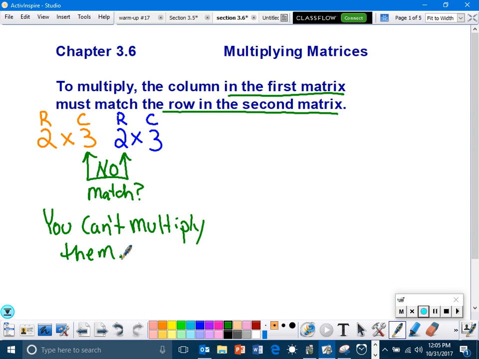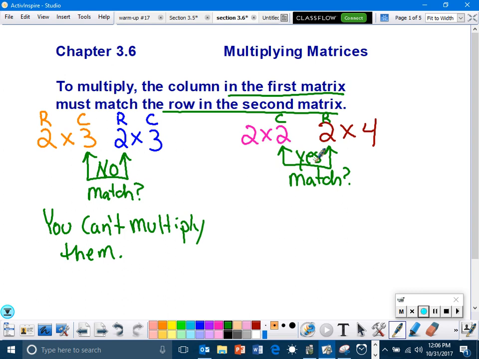Now, if I have another one, let me put 2 more up there. All right, so let's say that I have a 2 by 2, and I have a 2 by 4. So again, I look at the column and the row, and in this case, do they match?